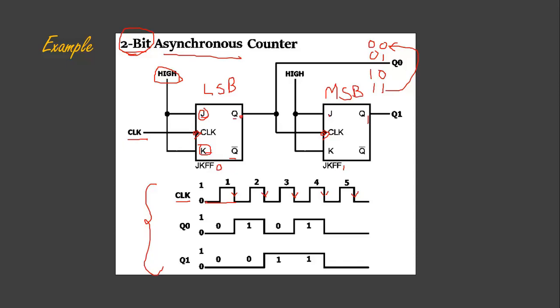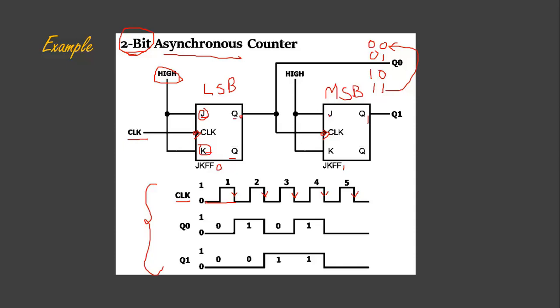At the first clock, when the negative edge occurs, the input JK is high, so this flip-flop needs to be toggled at this particular edge. So the value of Q0 initially is 0, so it will get toggled and show you the value 1. But at the same time, the second flip-flop will not toggle.